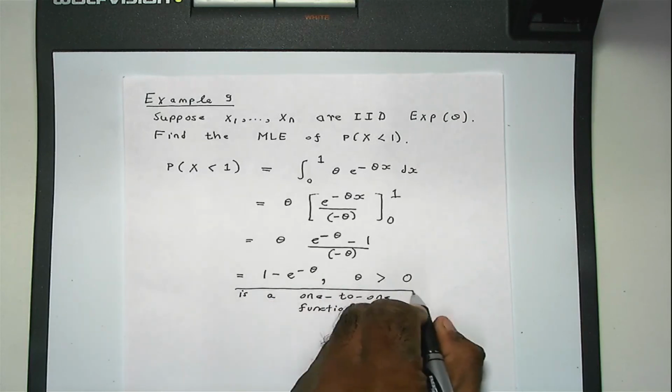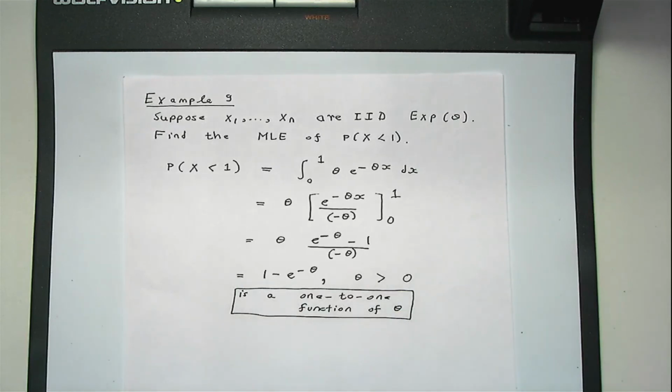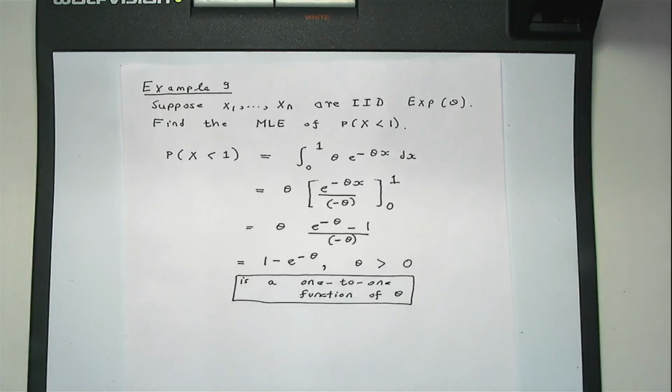So we can use one of the properties that I mentioned earlier in the previous video, that if you have a one-to-one function of theta, and you know the MLE for theta, then you know the MLE for the one-to-one function. And that property is known as the invariance property or invariance principle.